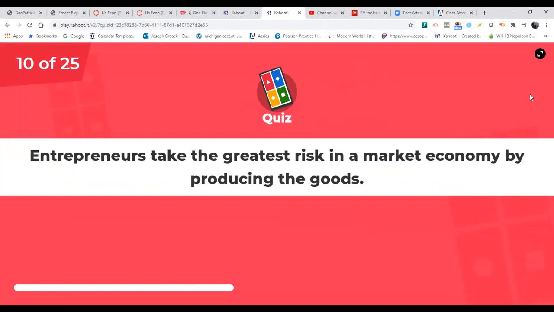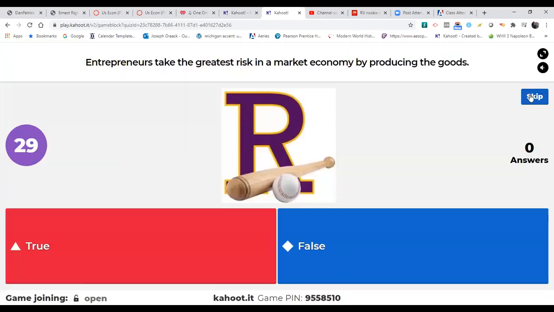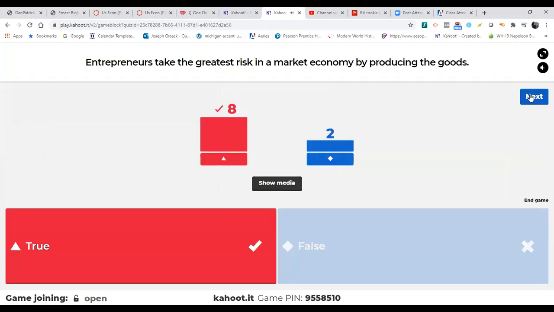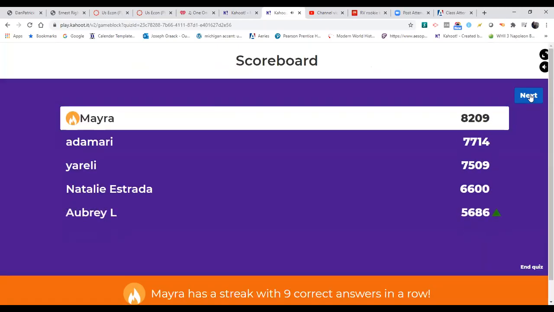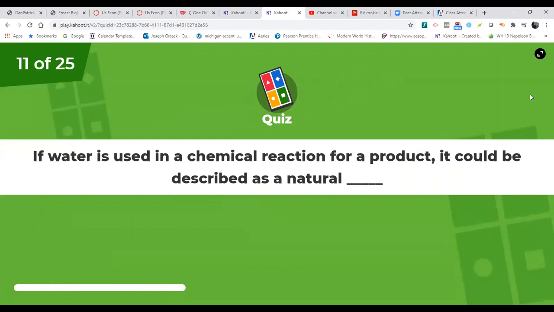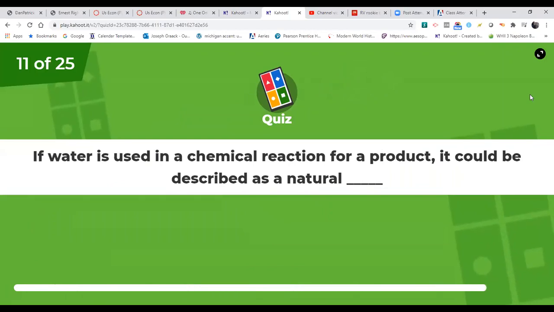All right, entrepreneurs take the greatest risk in a market economy by producing the goods. True, right? Entrepreneurs are the ones that take the risk. And Aubrey moving up. Myra with 9 in a row. If water is used in a chemical reaction for a product, it can be described as a natural what?